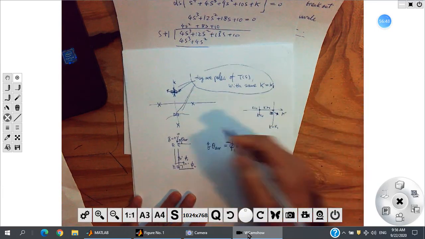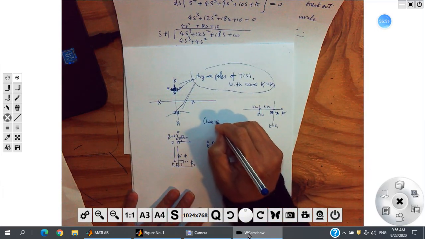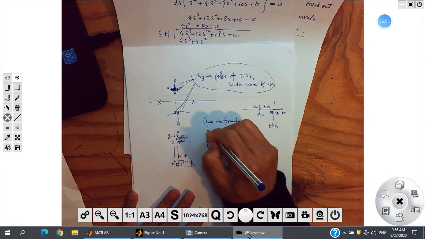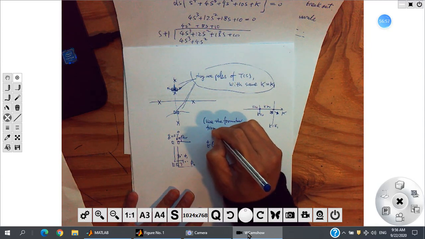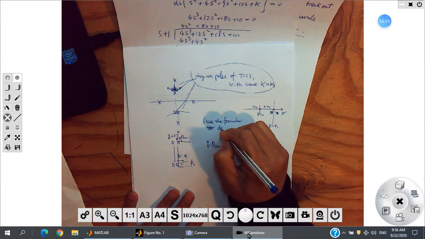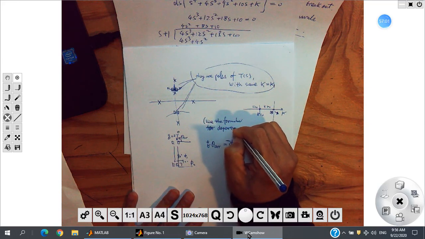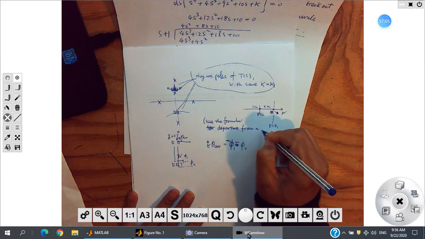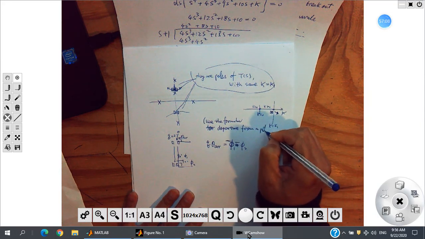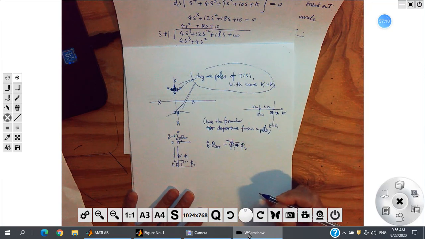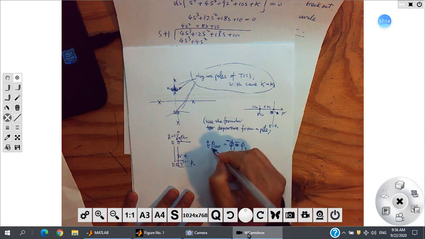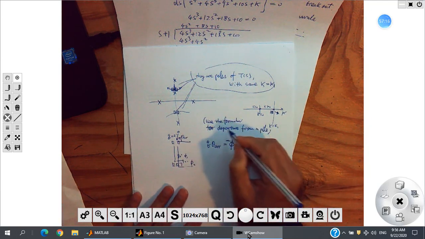We use the formula for departure from a pole. No, I want arrive. I confused.